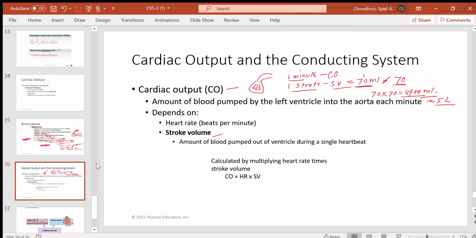So stroke volume is 70 milliliter, cardiac output will be about 5 liter. Makes sense? Heart rate times stroke volume, 70 times 70.